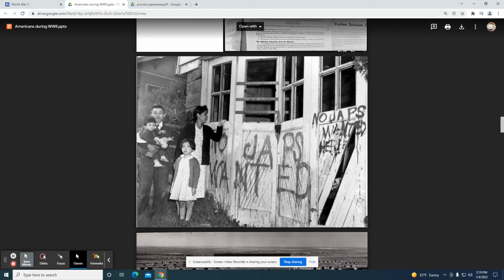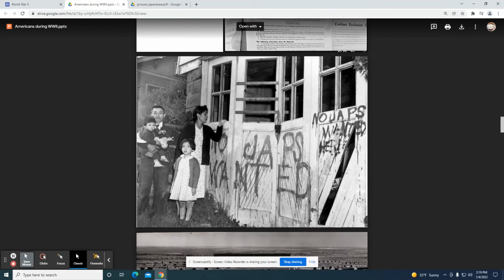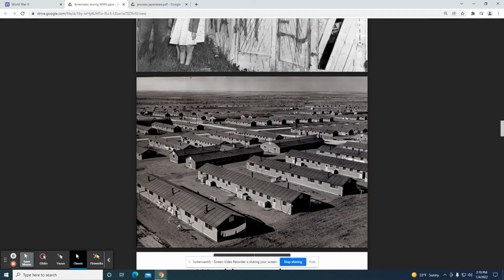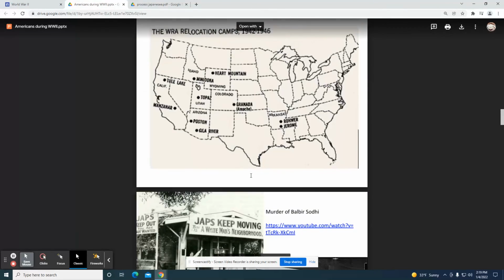Look at this particular family here. Are they better off staying in their home where they're going to face potential harassment, or placing these individuals in internment camps? That seems to be the issue with regard to this one for debate.